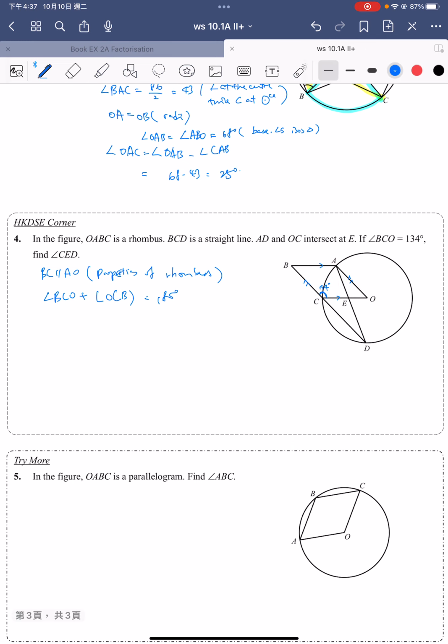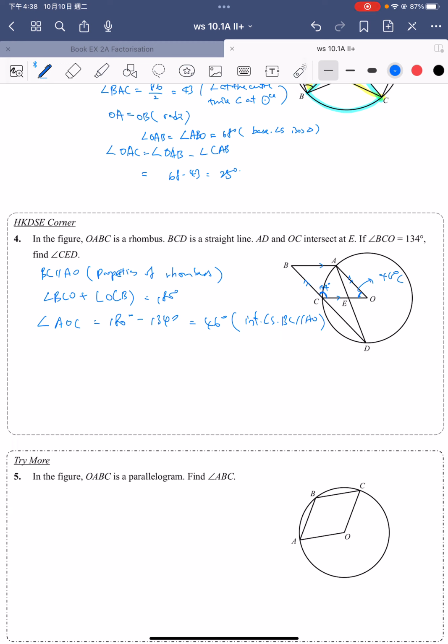So we have the angle AOC is equal to 180 degrees minus 134 degrees. So this one will give you 46 degrees. The reason for that is the interior angles, and we have BC parallel to AO. So that's how you find out the angle here. This angle is going to be 46 degrees.